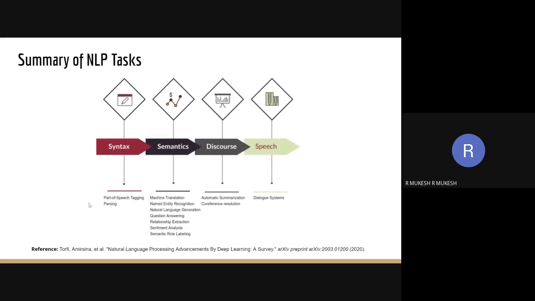Then we have parsing, which is creating a dependency tree, or parsing the sentence, just like we parse programming languages. Then we looked at named entity recognition, relation extraction, summarization, and co-reference resolution.